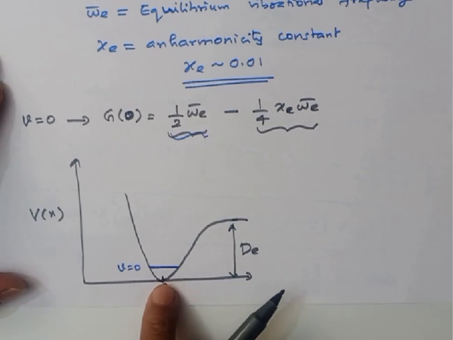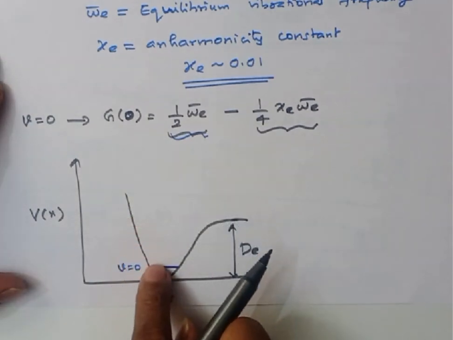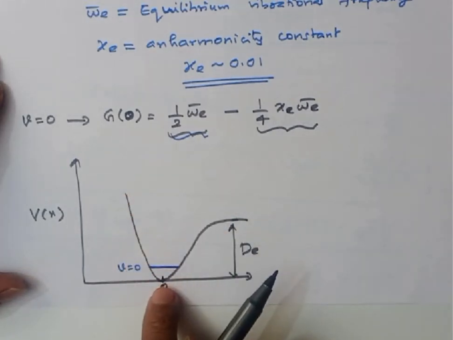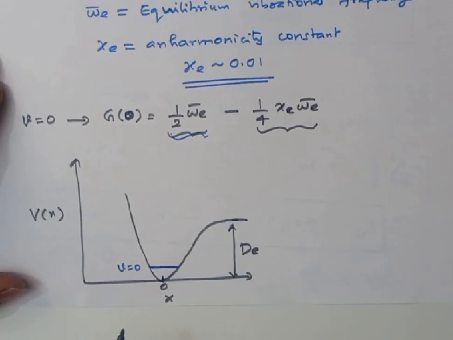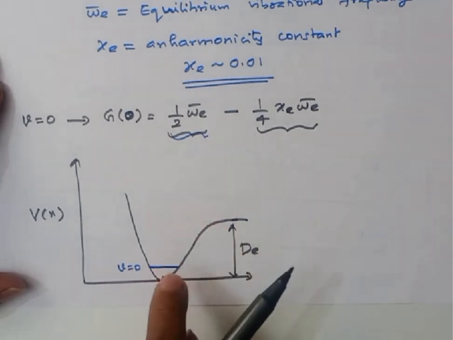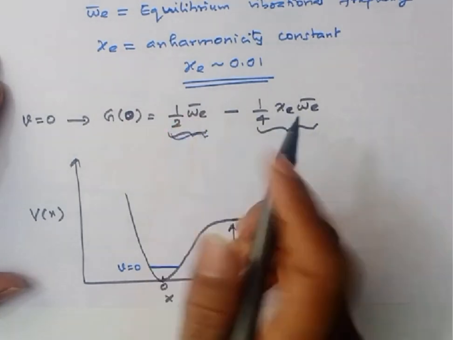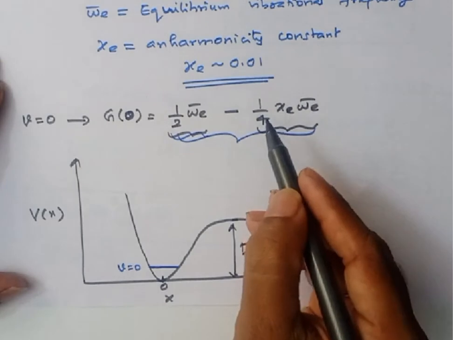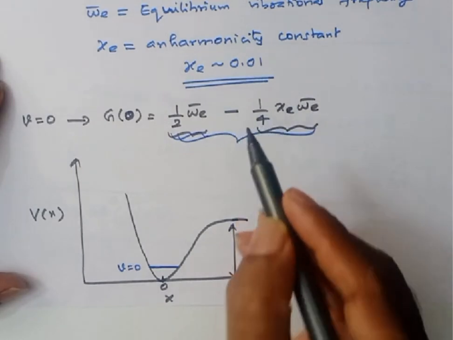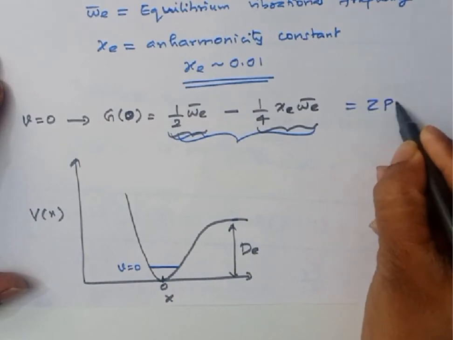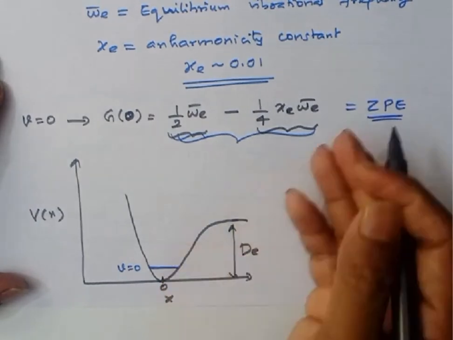It is not 0. Classically, the lowest possible energy of the molecule is 0. But quantum mechanically, the energy is not 0. You'll get some value. In the case of an anharmonic oscillator, the value is this. We call this value the zero point energy of the molecule. What is zero point energy?